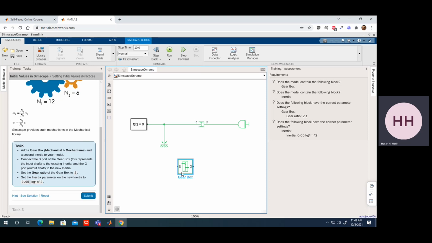Connect the S port of the gearbox, which represents the input shaft, to the existing inertia, and the O port to the new inertia. So it seems like you need to add another new inertia to the system.